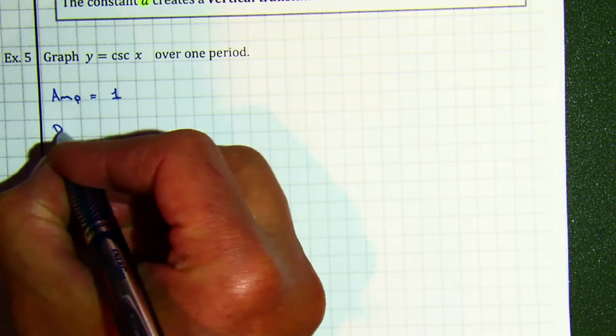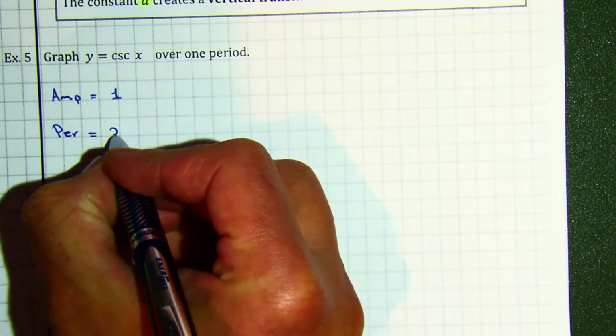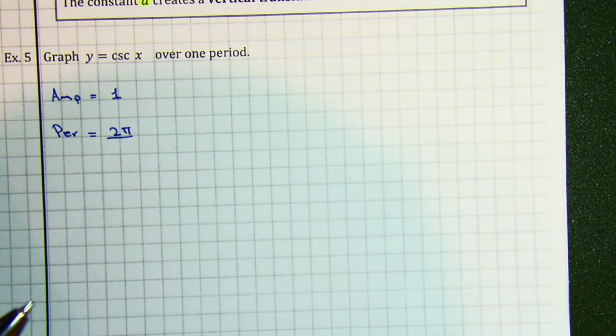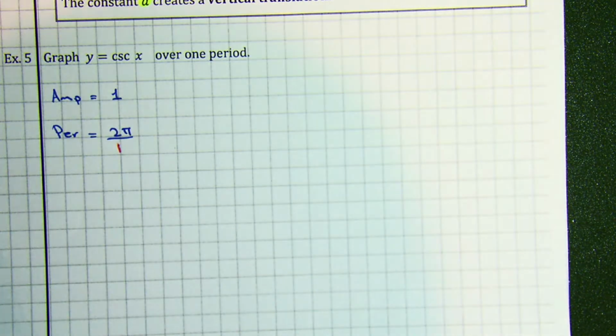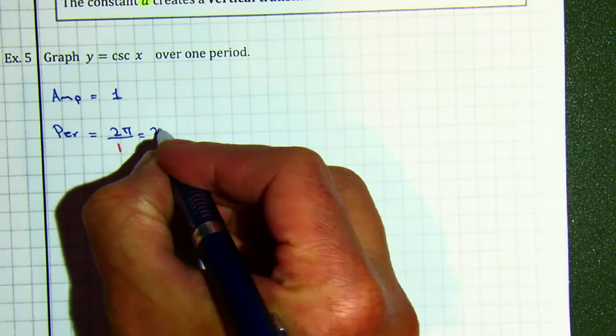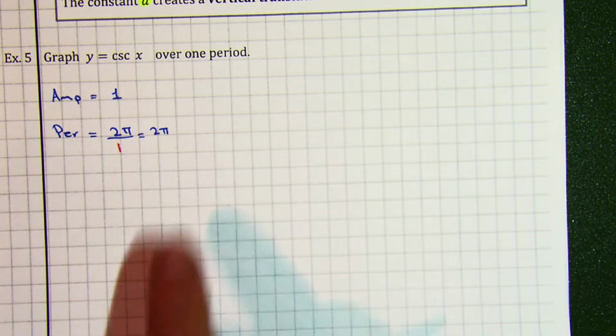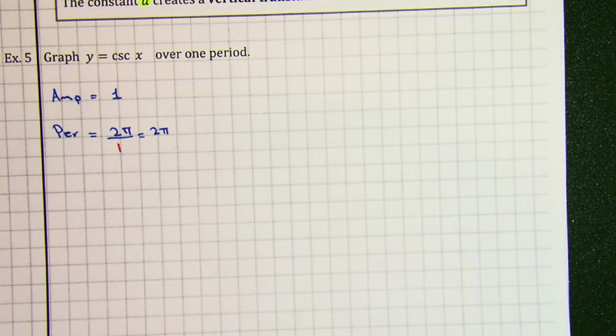So your period is 2 pi over B. In this case, B is 1, so therefore your period will be 2 pi. And now we are going to graph.